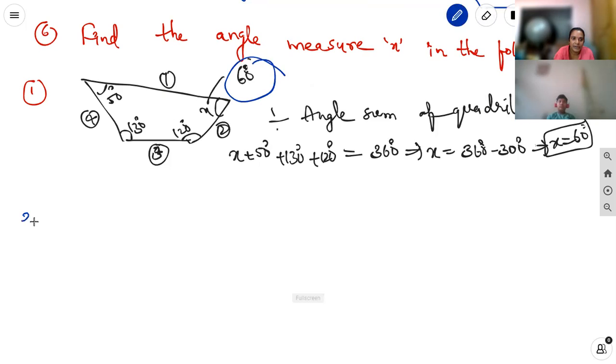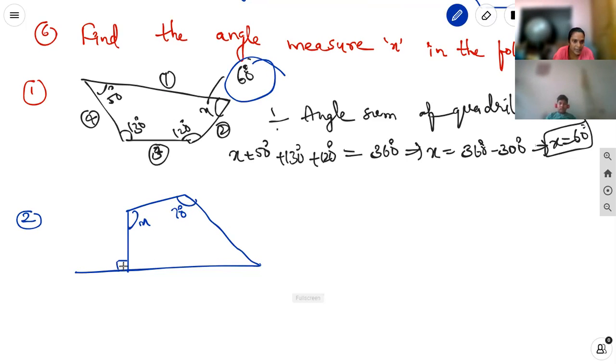Okay, the second one: this is x, this is 70 degrees, here it is 90 degrees, and this is 60 degrees. We want x, and this is b. It is a straight line. We know a straight line has 180 degrees, so if this is 90 degrees, this is also 90 degrees.